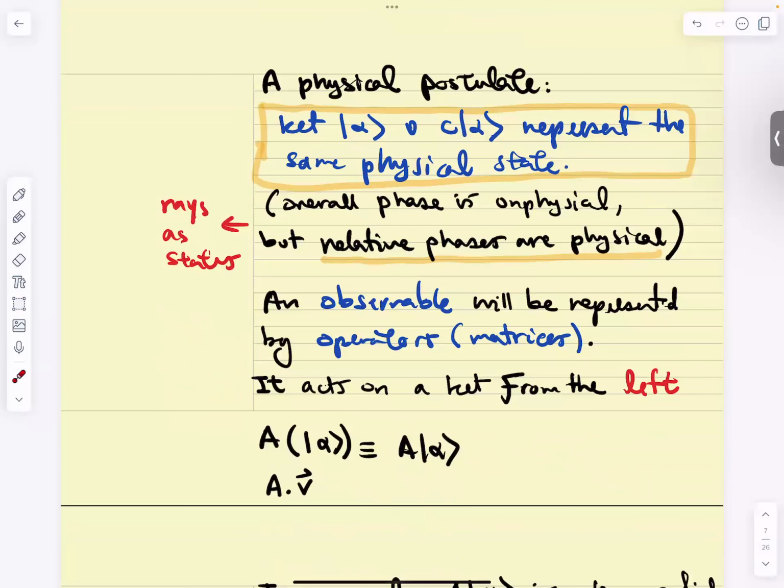And observables, things that we measure, things that we observe, are going to be represented by operators, aka matrices. We call them operators because in a d-dimensional Hilbert space, these are d by d matrices.